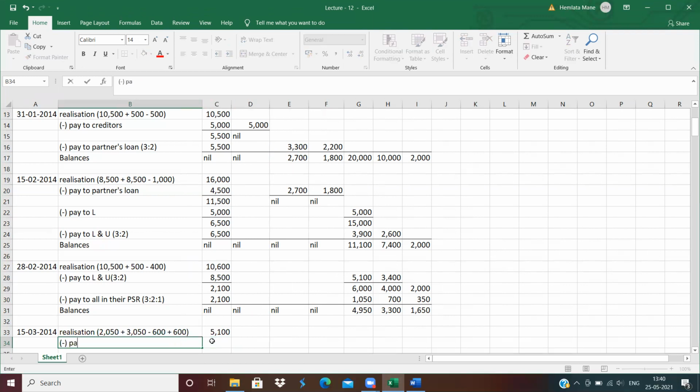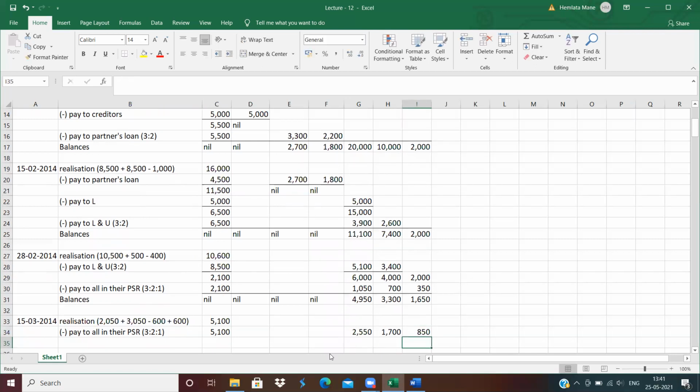How much is the profit sharing ratio? 3:2:1. Now distribute 5,100: L 2,550, U 1,700, and M 850.